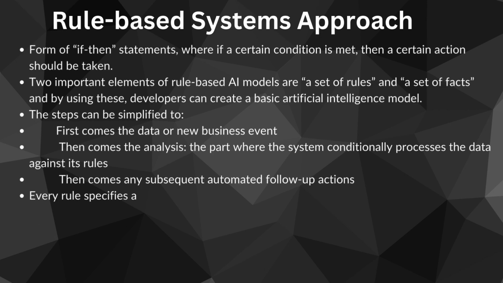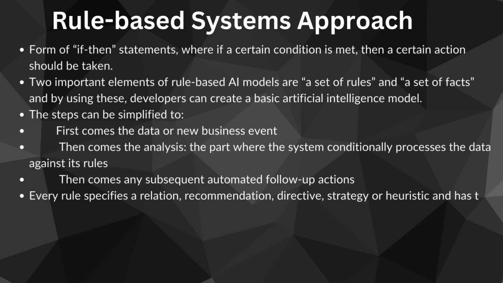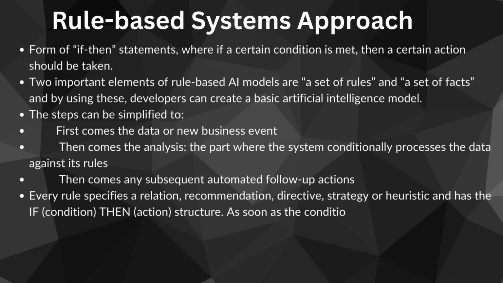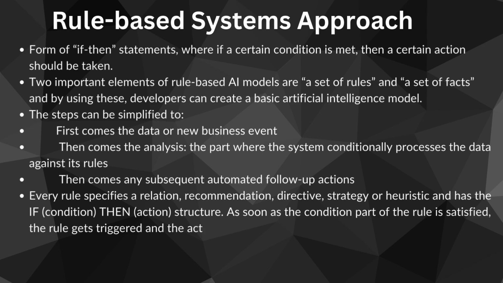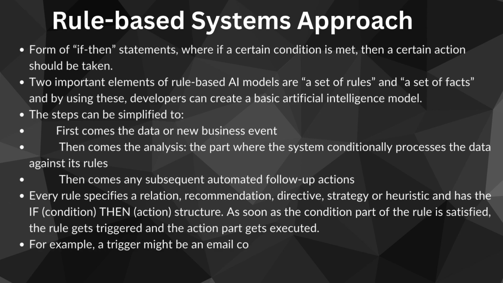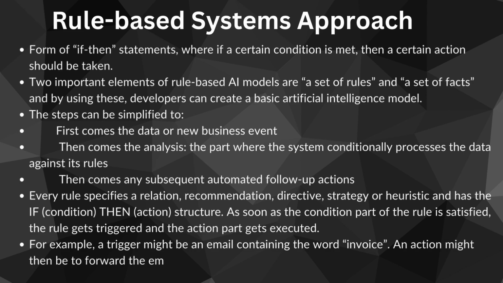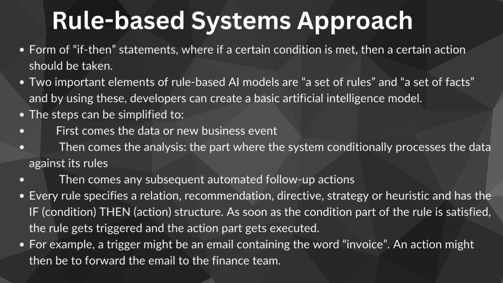These systems encompass two essential components, a set of rules and a set of facts. By coupling these components, developers can fashion an elementary artificial intelligence model. The operational sequence can be distilled into the following steps.